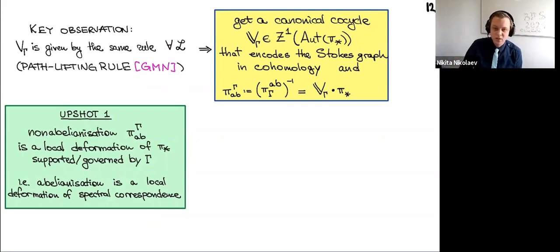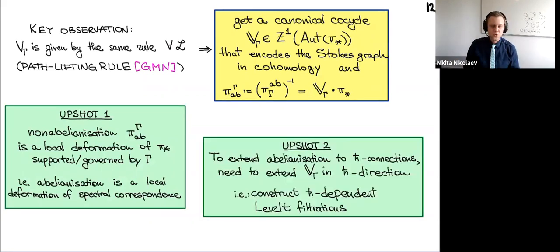Another way you can restate this upshot is that abelianization is a kind of local deformation of the spectral correspondence, where this local deformation is given by this cocycle V sub gamma. Okay, that's upshot number one. But when it comes to h-bar connections, I think it's now clear how you should go about extending abelianization to h-bar connections.